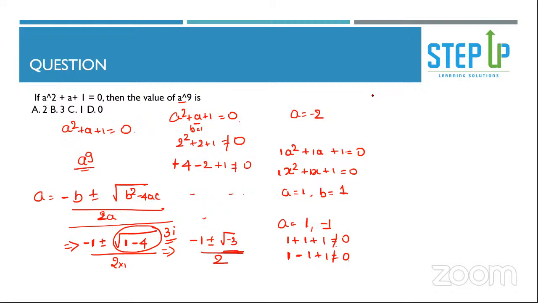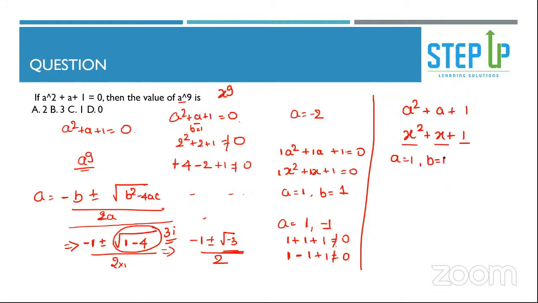Well, I don't think so. The question is correct because a square plus a plus 1 is nothing but x square plus x plus 1. So let's say we need to calculate x to the power 9. If this is your equation, your a is equal to 1, b is equal to 1, and c is also equal to 1.